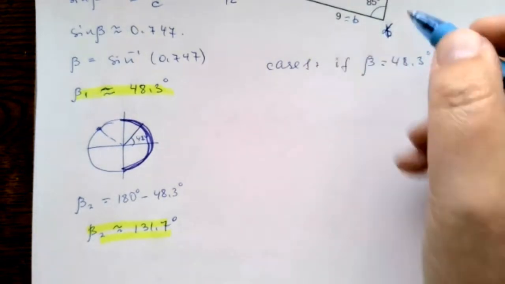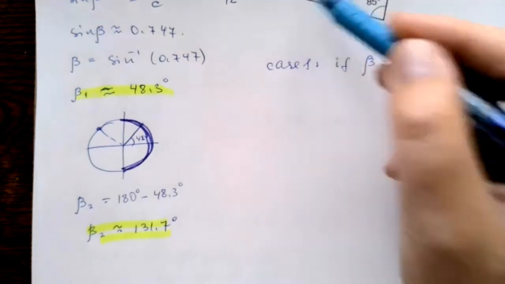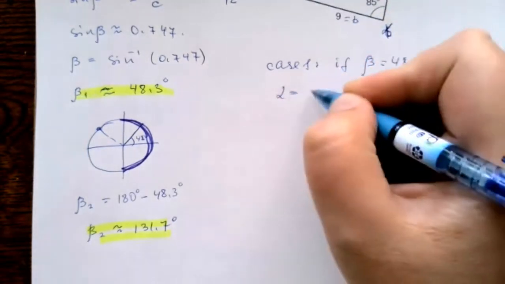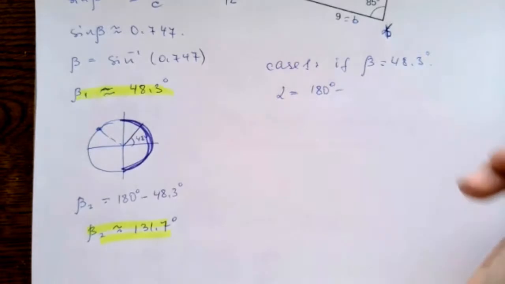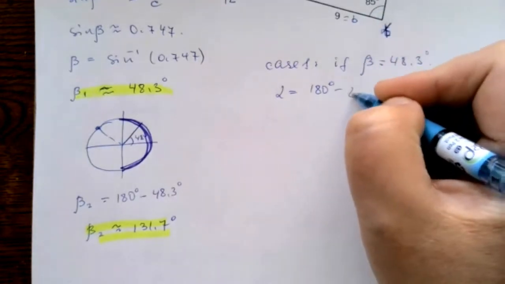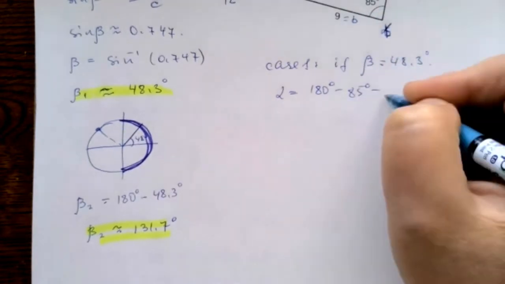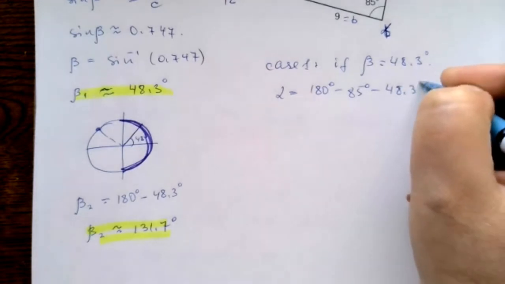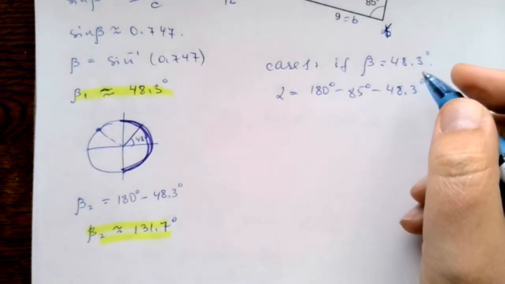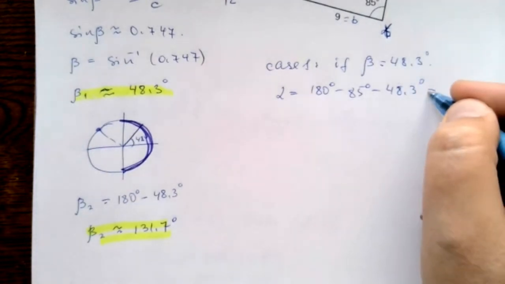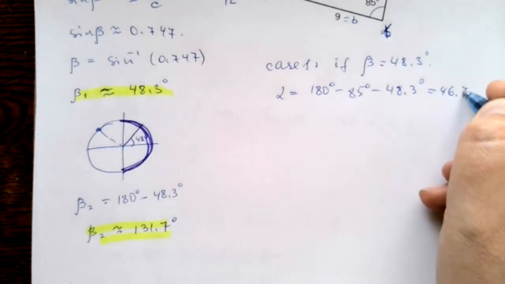So case 1, if beta equals 48.3 degrees, then what do we have? We have that our alpha is 180 minus 85 and minus 48.3. And that gives us the alpha of 46.7.